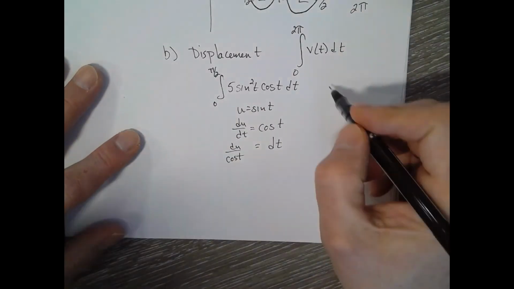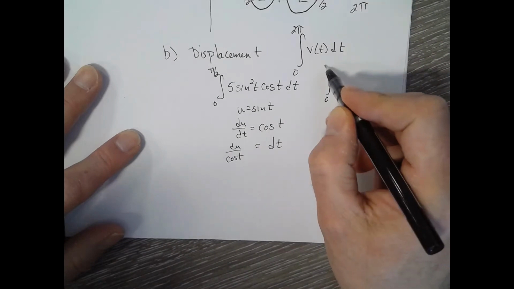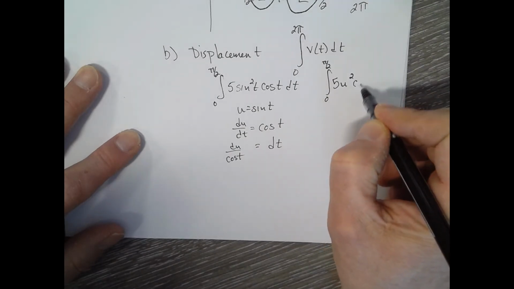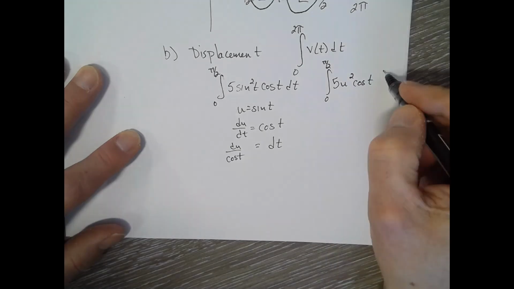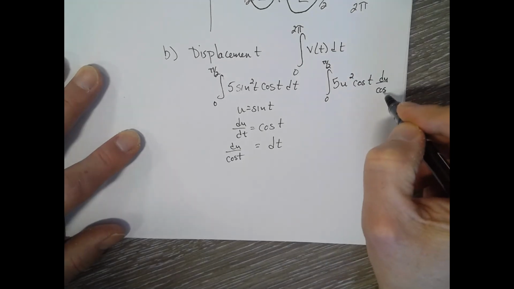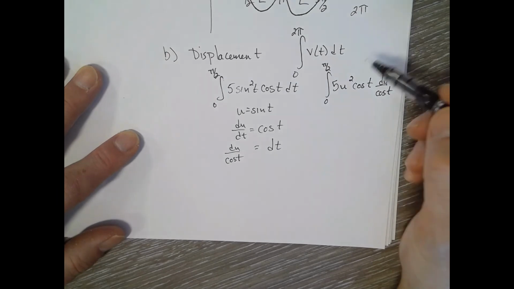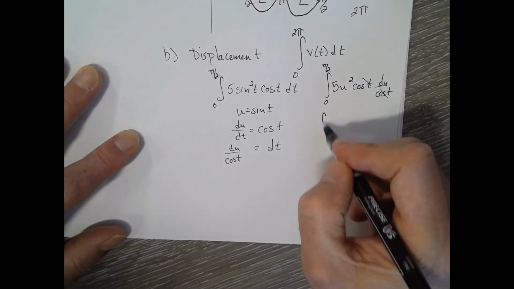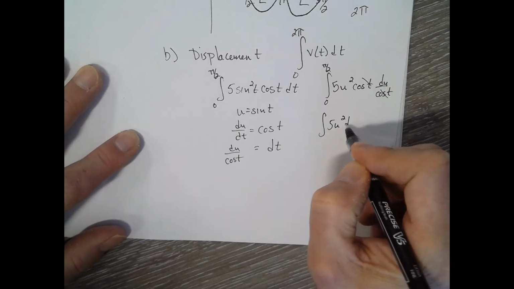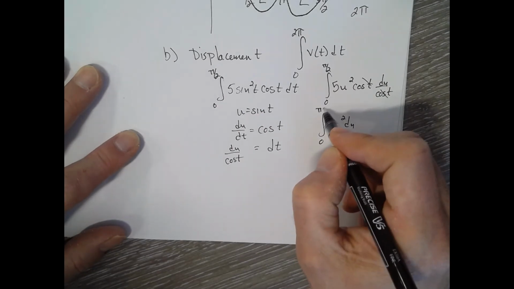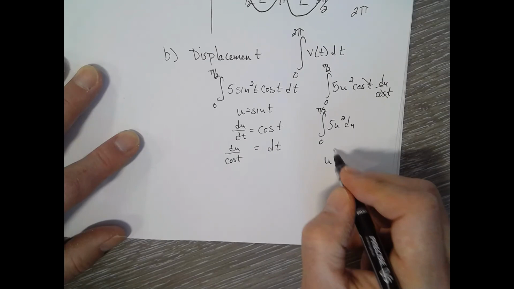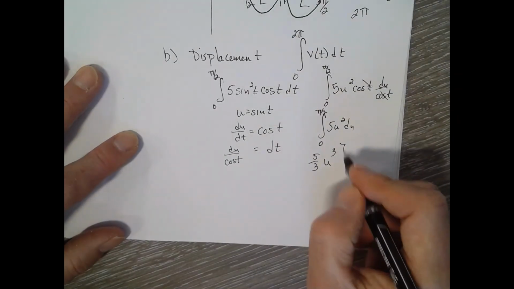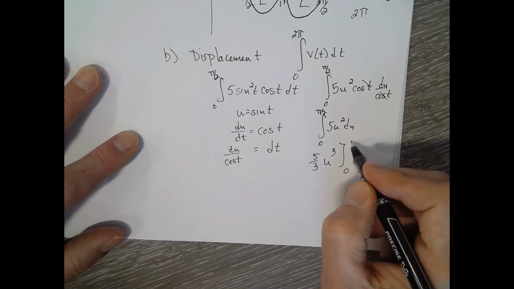Then we have the integral from 0 to pi over 2 of 5u squared cosine t dt, which is du over cosine t, and the cosines do divide off. So it's the integral of 5u squared du. The antiderivative of that would be 5/3 u cubed from 0 to pi over 2.